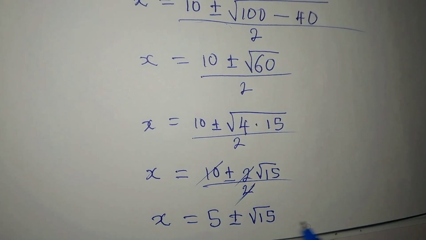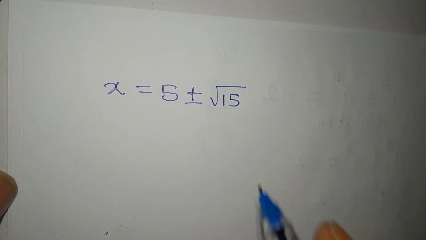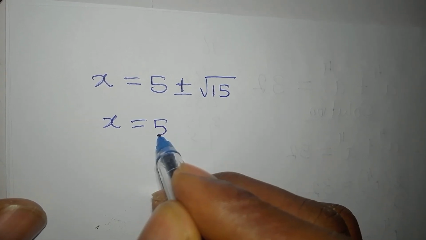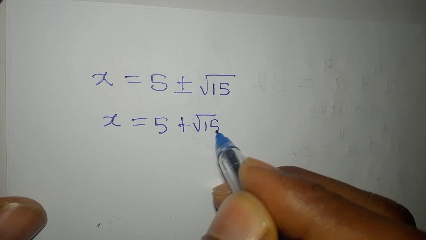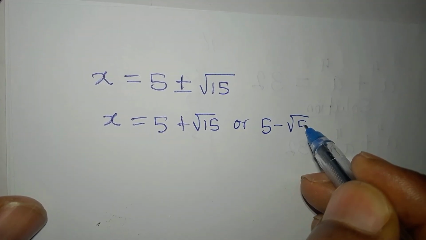So from here now, let us continue. This means that our x is equal to 5 plus root 15, or 5 minus root 15.